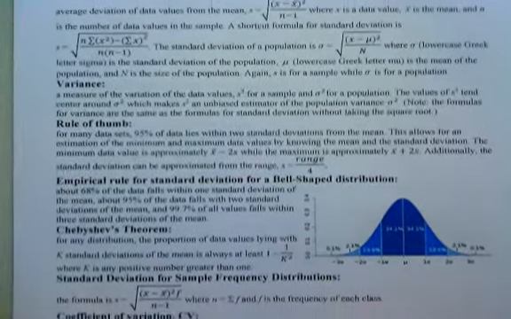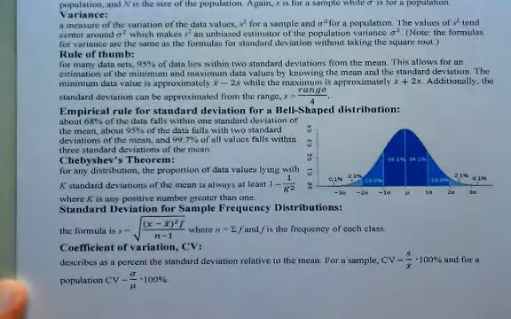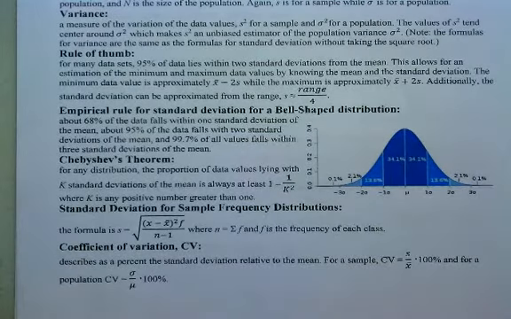Now, if you have a frequency distribution and you want to find its standard deviation, it's very similar, but again, here we have x minus x bar squared, so there's your difference between the data value and the mean, and f is the frequency for each class, and again, x would be the midpoint of that class, and then divided by n minus 1.